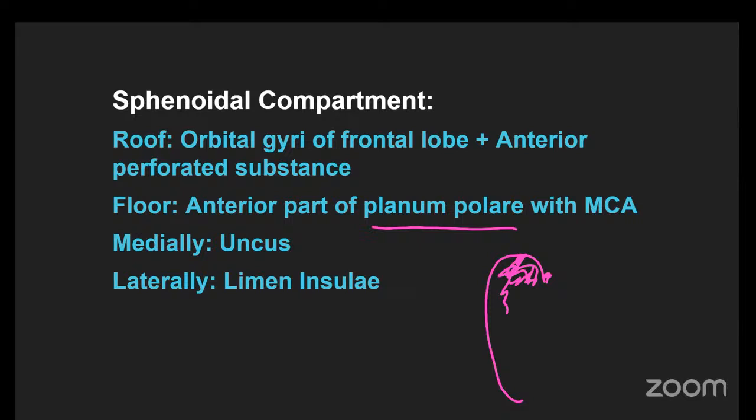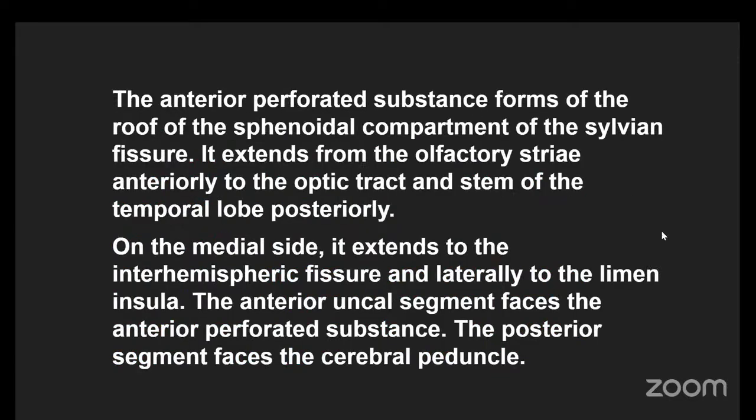Let's see the dissection images. So the anterior perforated substance, we know it forms the roof of the sphenoidal compartment. Then what is the extension of the anterior perforated substance? It extends from the olfactory striae and then it goes back.